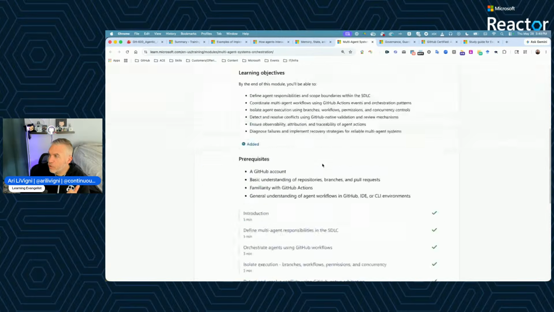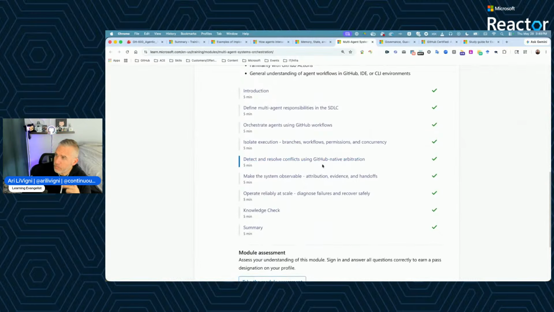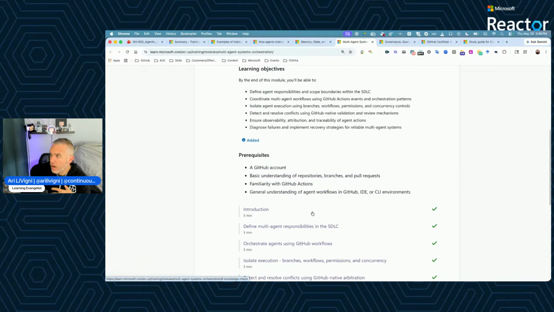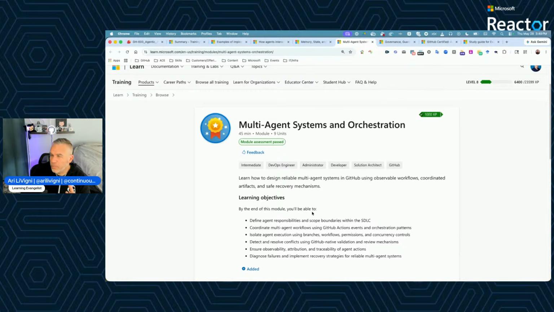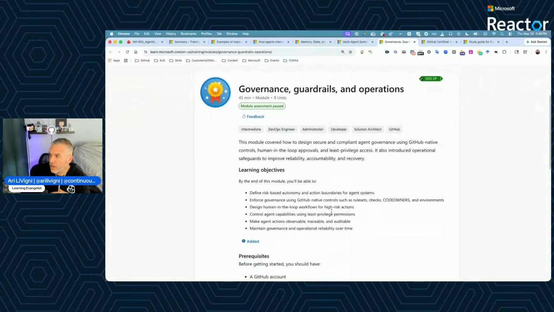This gets into defining multi-agent responsibilities for the software development lifecycle, isolation of branches, workflows, and boundaries, permissions, and concurrency, and operating reliability at scale. So when we talk about part 2 of 2 for developing agentic systems, these are the modules that you want to look at, the governance being the other one.